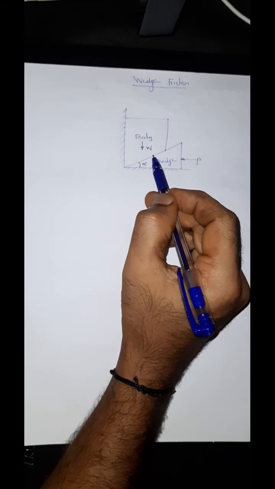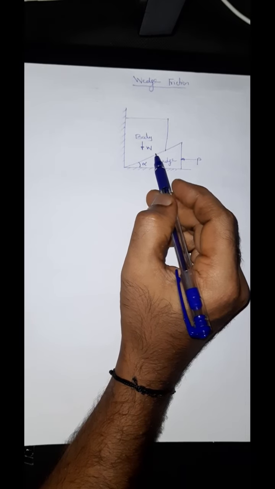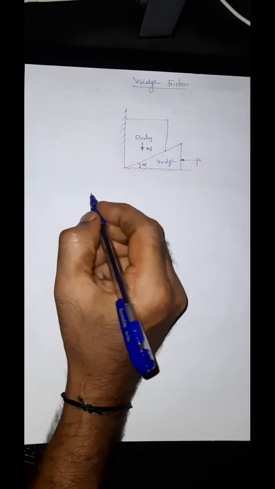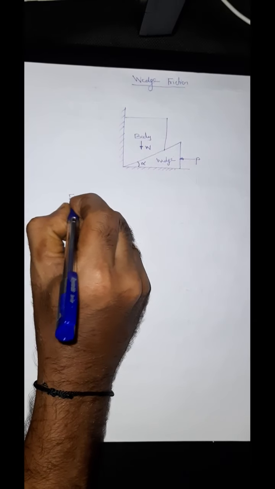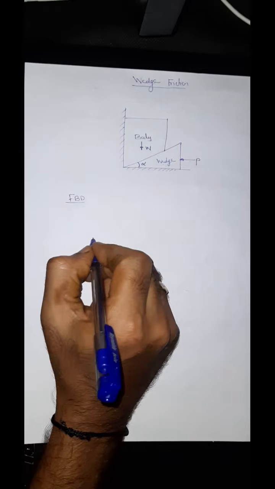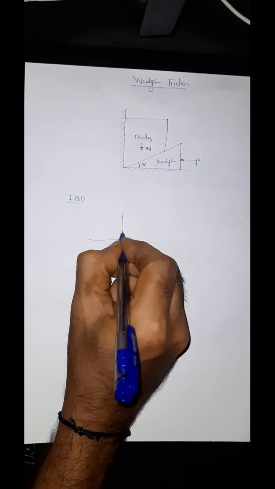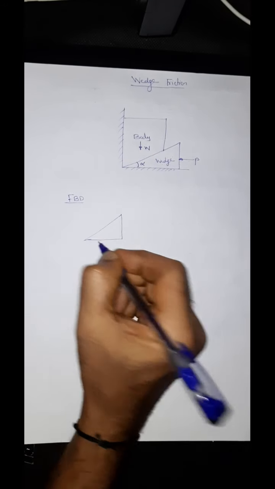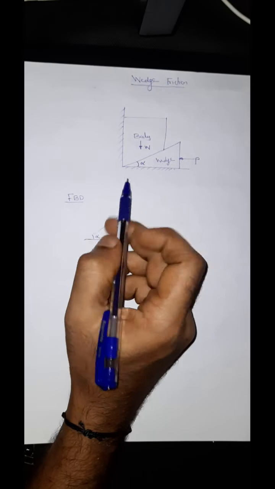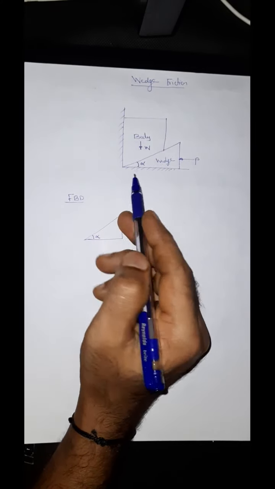Right? I'm going to draw an FBD for your better understanding. First, we'll draw the FBD for the wedge. This is the shape of the wedge. This alpha is the angle of the wedge.